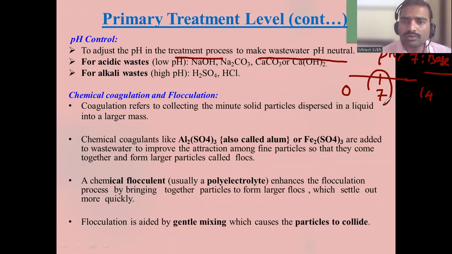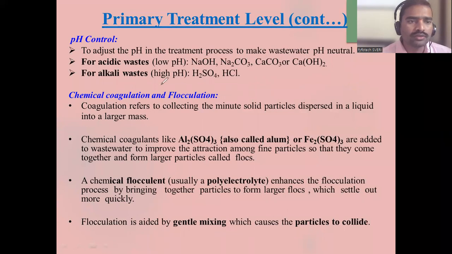If the pH is equal to 7, then it is neutral. So to adjust the pH, the treatment process makes the wastewater neutral. Whatever your waste is, if it has very high or very low pH, that is a danger to the aquatic animals. So we have to make it neutral.